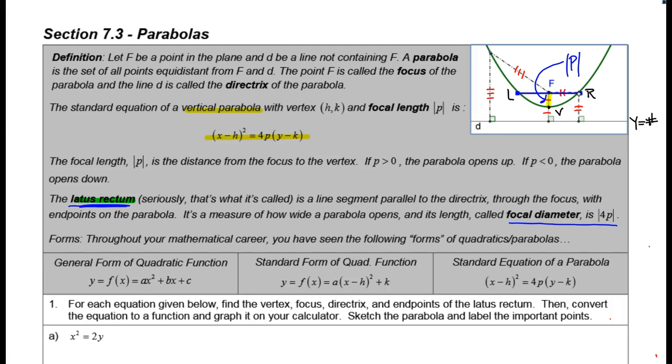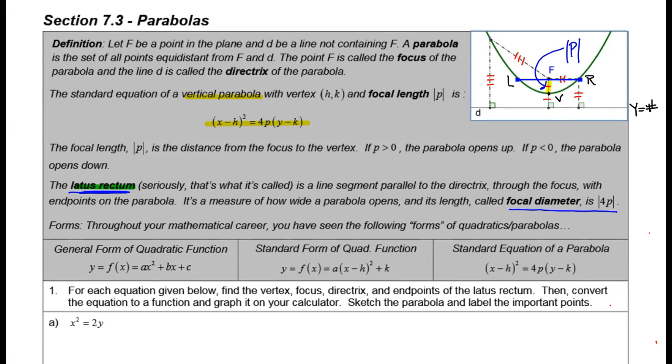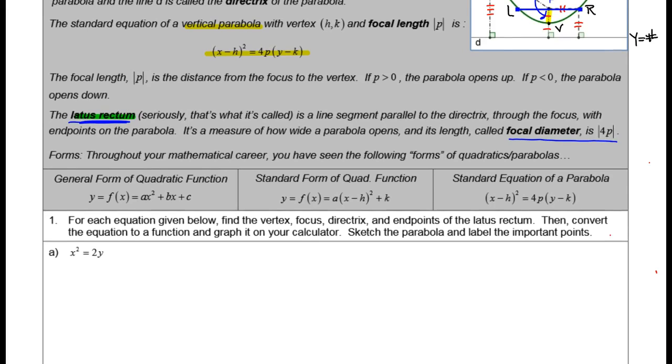Okay, let's now talk about forms of equations involving parabolas. Well, there's a couple that you already know. You've already seen this one. Okay, general form of a quadratic function. General form is the name that your textbook uses. It's y equals ax squared plus bx plus c. You've also seen standard form of a quadratic function.